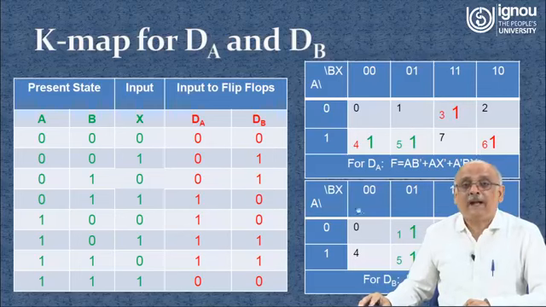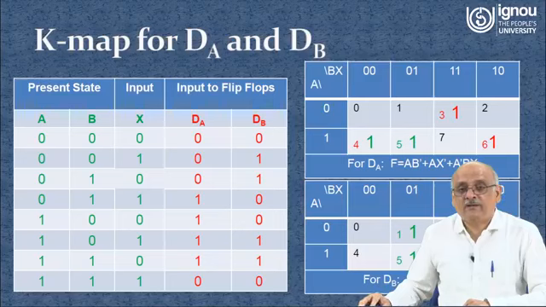And for the second case, for the DB, luckily for us, you plot it and we get two adjacencies, and in both adjacencies A is eliminated. So this is B prime X and this is B X prime.